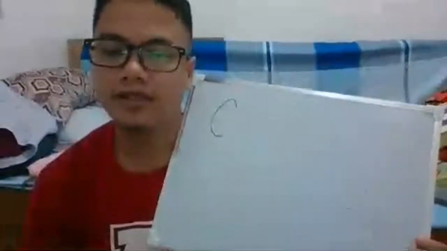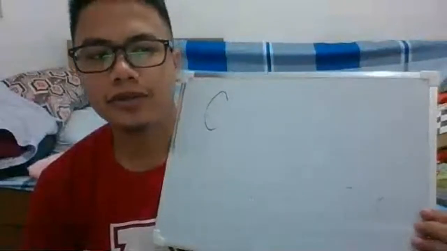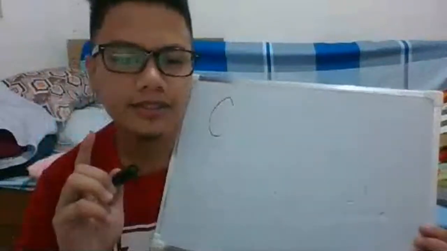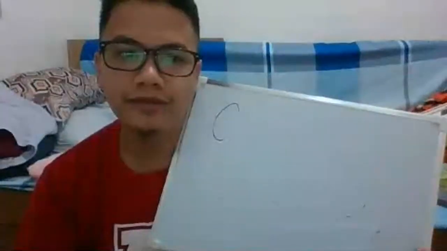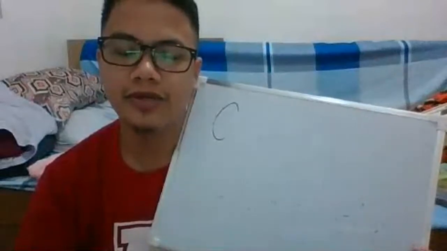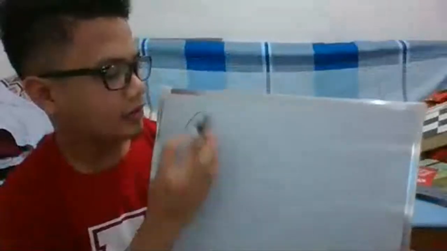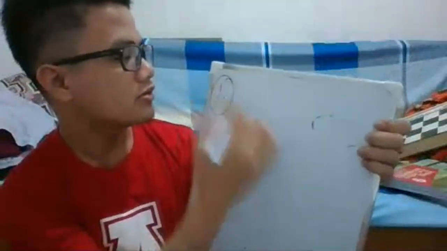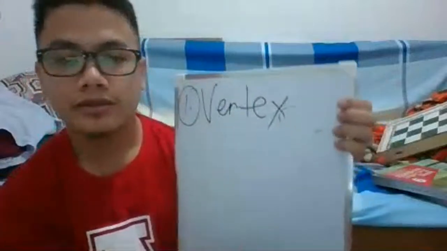Mabilis lang to. We will just recall how to graph. Although you will not graph dun sa aralings, you will just be identifying points from the graph of the quadratic equation. Particularly, on how to determine the following. First, vertex.